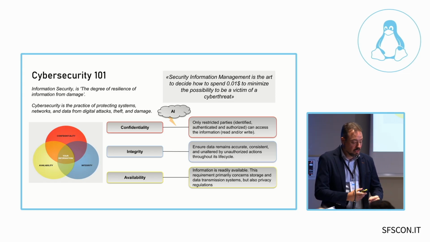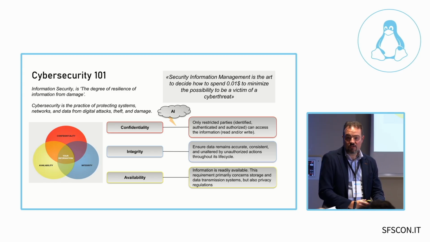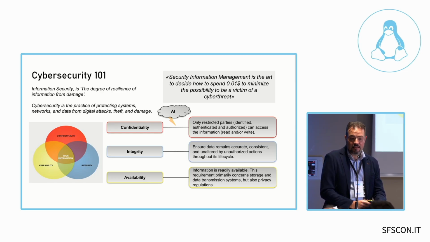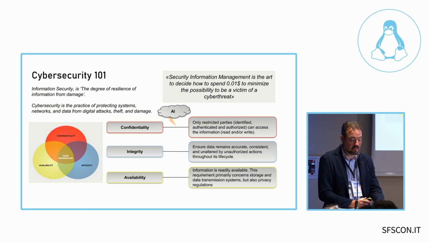Cybersecurity basics. All of cybersecurity comes from three words: confidentiality, integrity, and availability. Artificial intelligence in the game is over all of the three factors: over confidentiality, and especially over integrity.